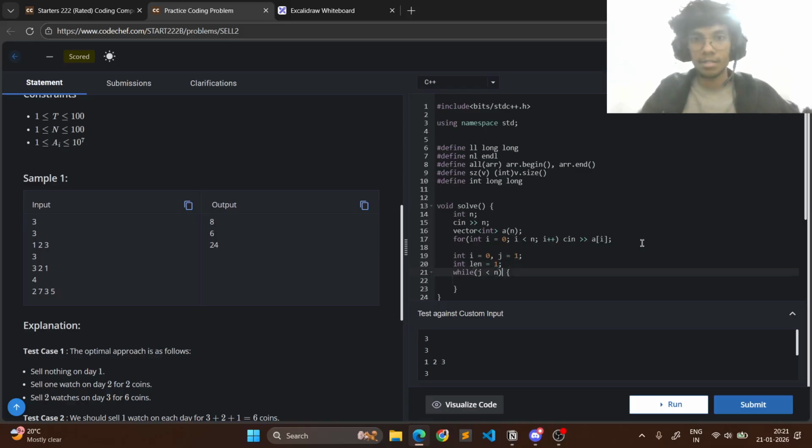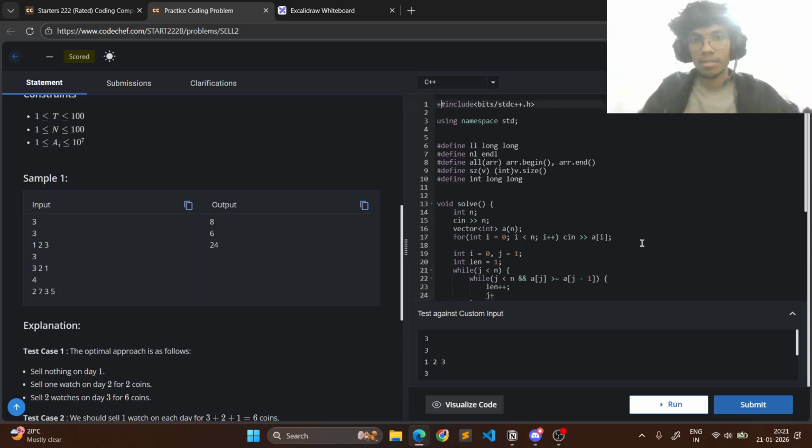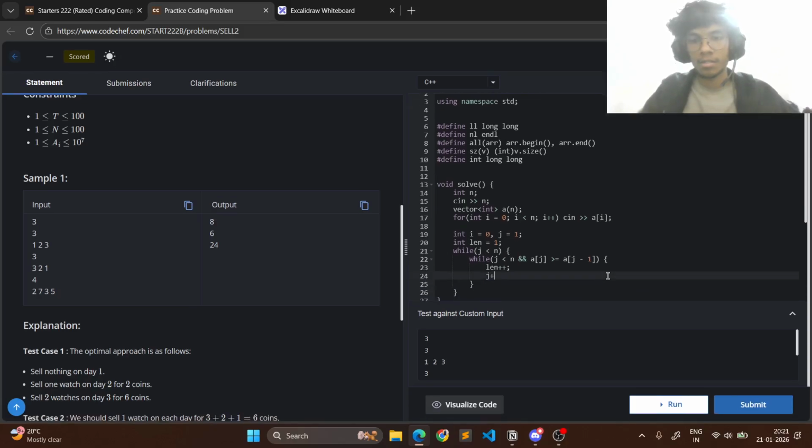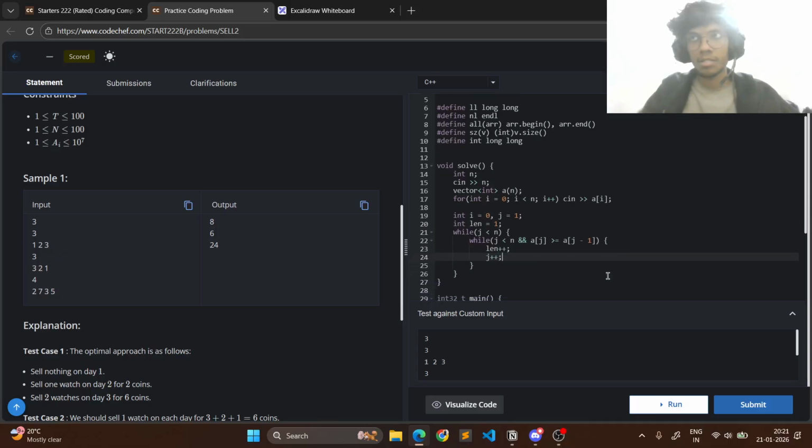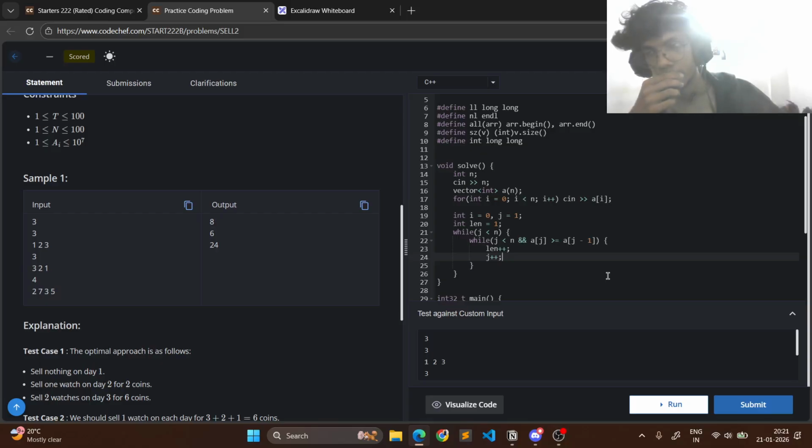Currently we're on the first element, while j is less than n and a[j] is greater than or equal to a[j-1]. So we'll keep expanding the length, j plus plus, right. a[j] is greater than or equal to the last element, so this is good. Now we have the length. j has actually gone one step further, I guess.